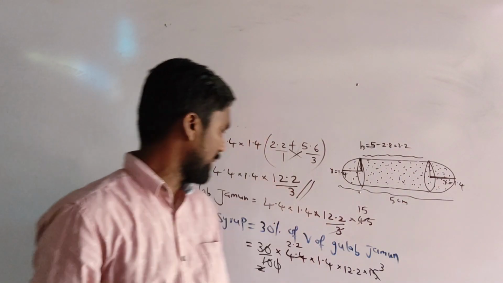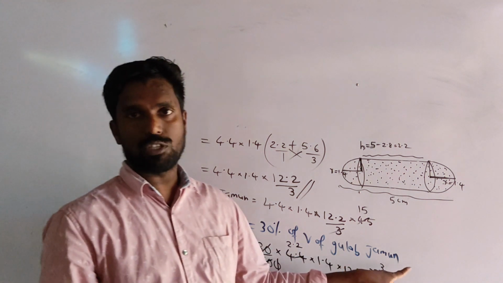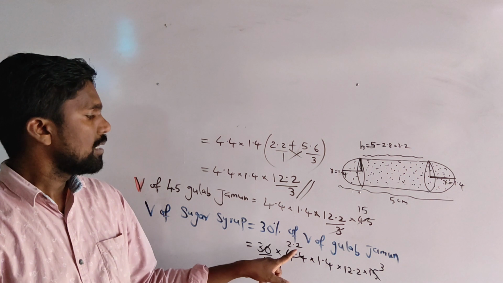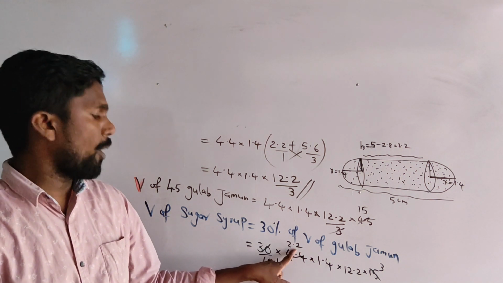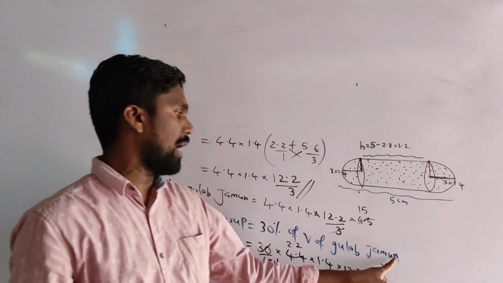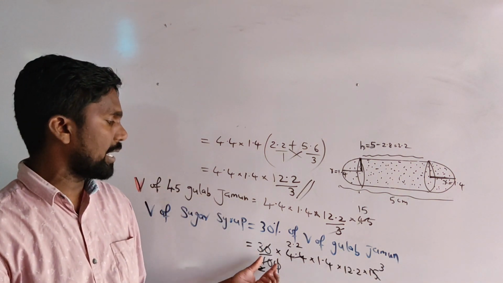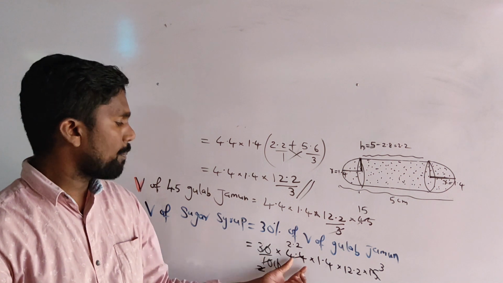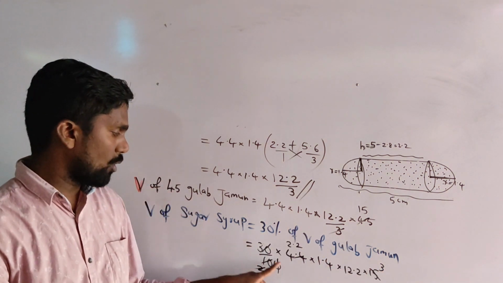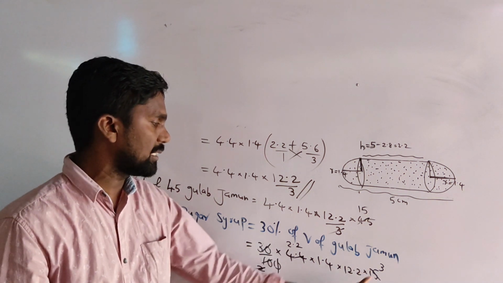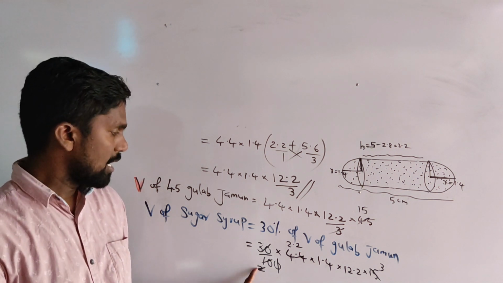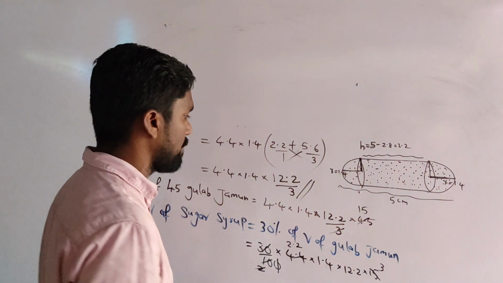Volume of sugar syrup means 30% of the volume of the gulab jamuns, that is 30 by 100 into 4.4 into 1.4 into 12.2 into 15. The 0 cancels. 10 and 15: 3 fives are 15, 2 fives are 10. 2 and 4.4 gives 2.2, and you can easily multiply that.